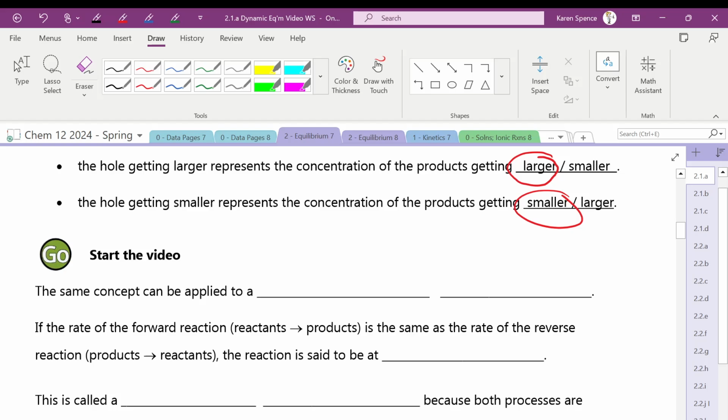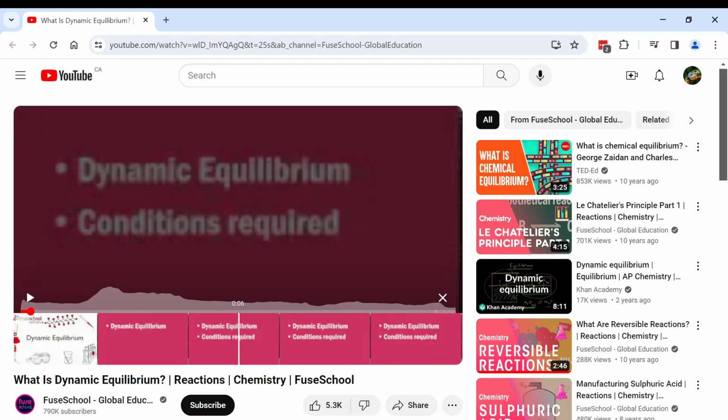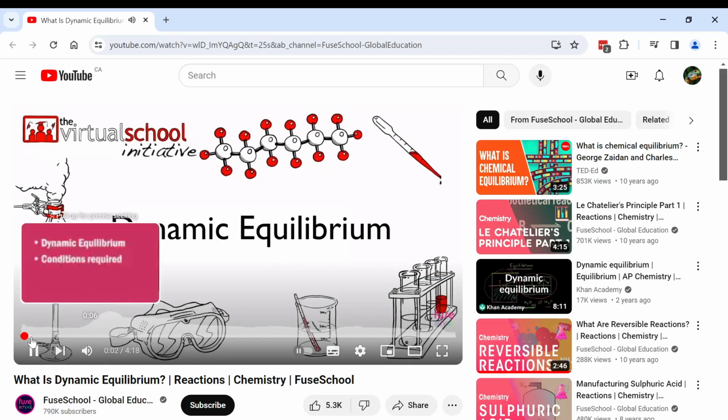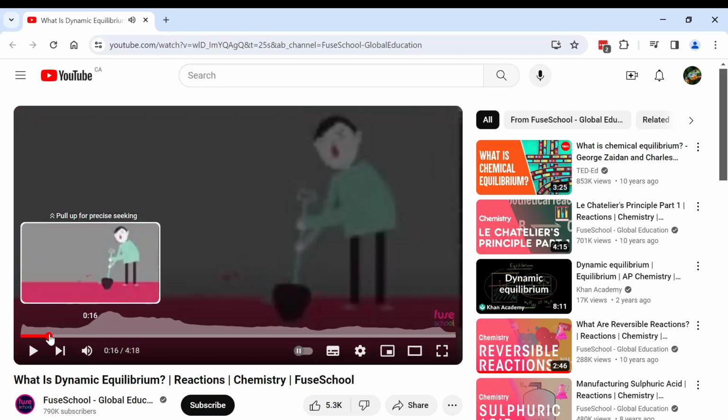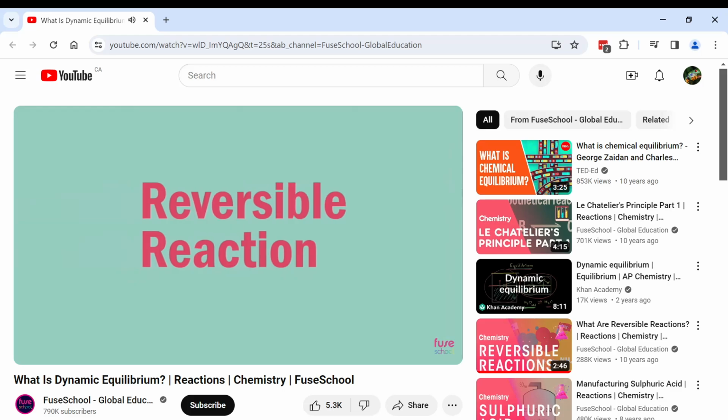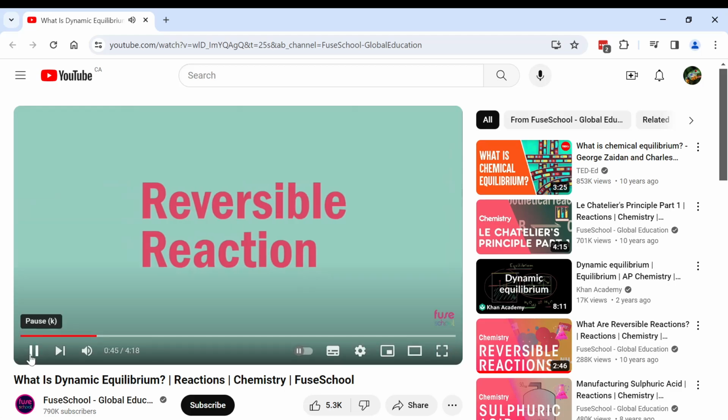The same concept can be applied to a reversible reaction.